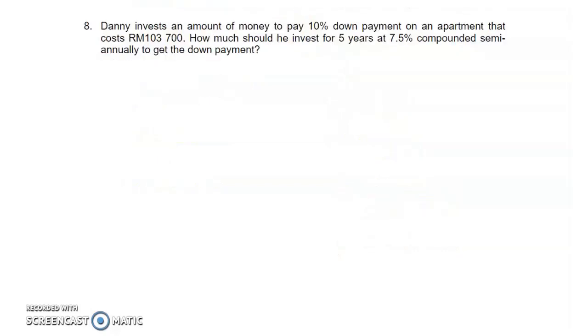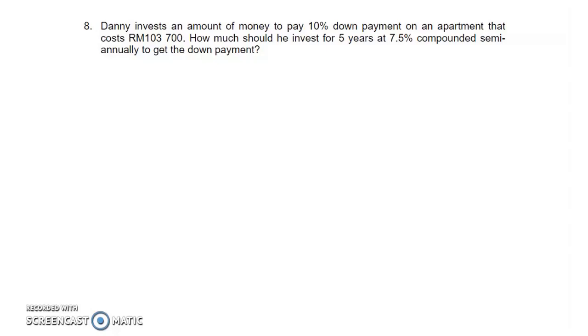Okay, last question. Danny invests an amount of money to pay a 10% down payment on an apartment that costs 103,700. How much should he invest for 5 years at 7.5% compounded semi-annually to get the down payment?